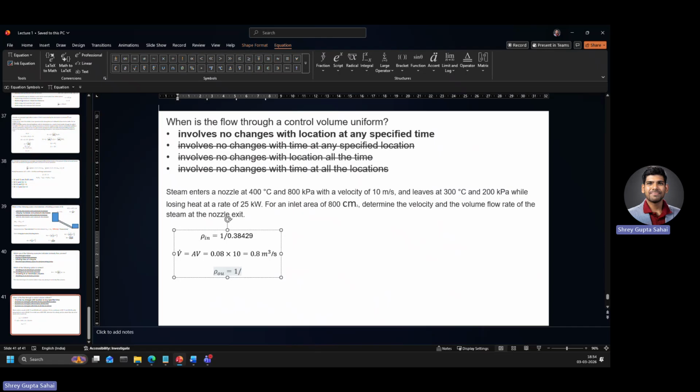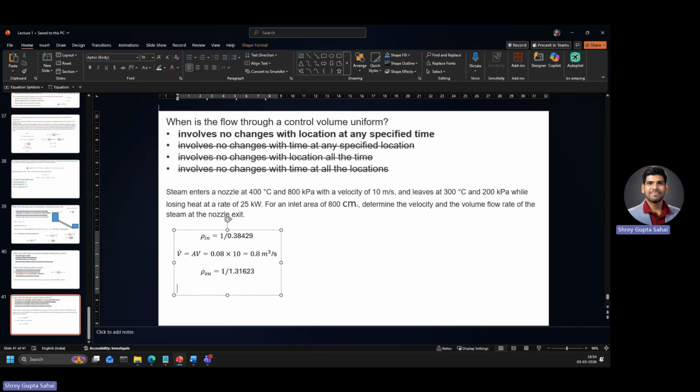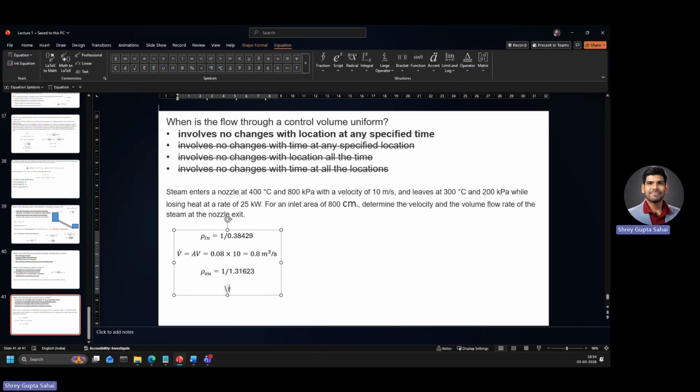So rho in times A in times V in equals rho out times A out times V out. Let's calculate the volumetric flow rate.